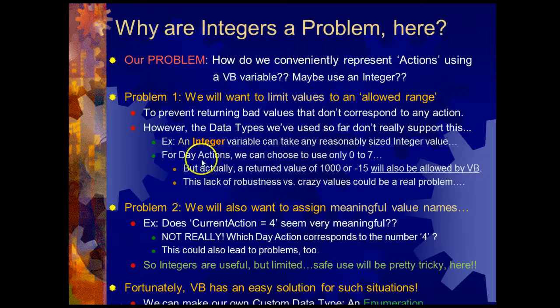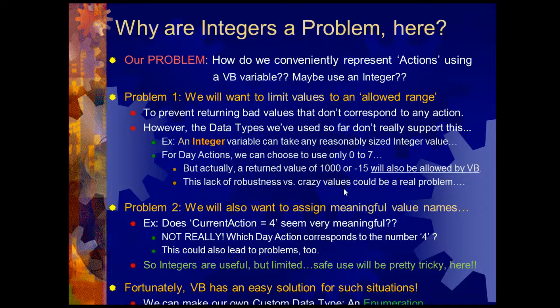For day actions, we can choose to use only 0 through 7, but actually a returned value of 1,000 or minus 15 will also be allowed by VB. Now, there are other ways to handle this, but this is one way. This lack of robustness versus crazy values could be a real problem.